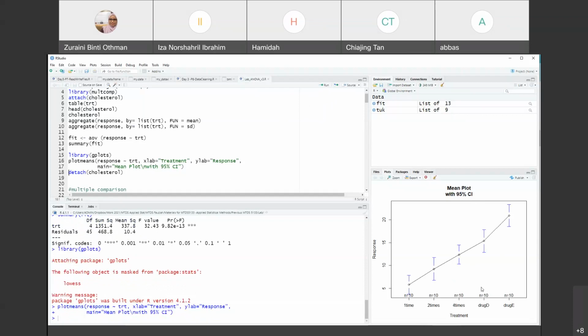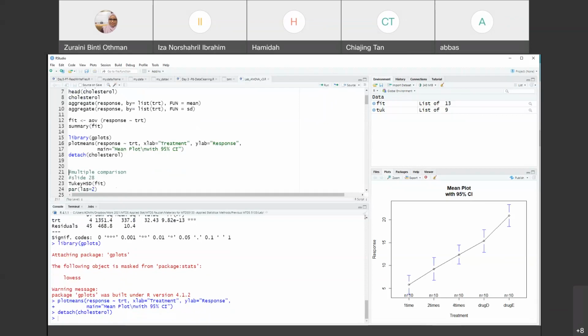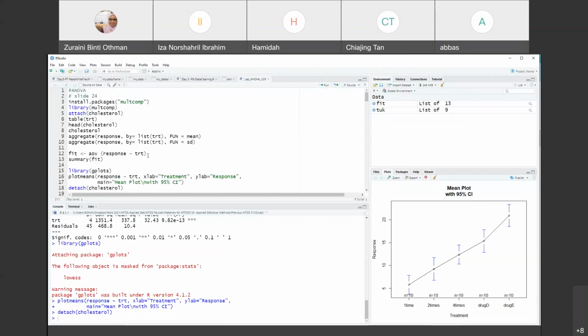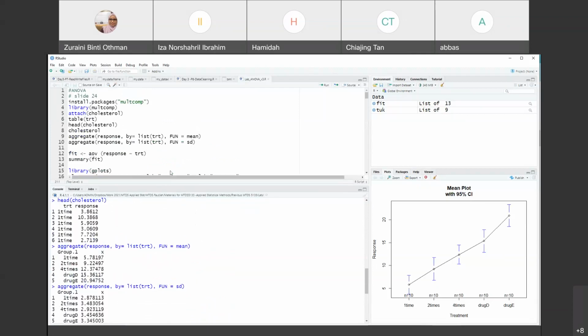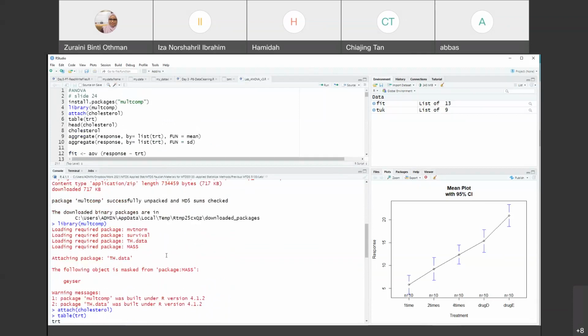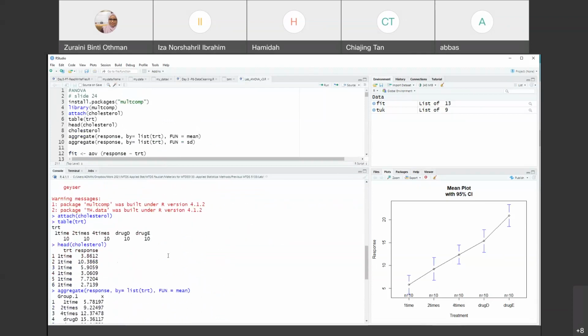You can get this, and this is we detach cholesterol. Okay, then I will explain. Okay, this is what we get just now.